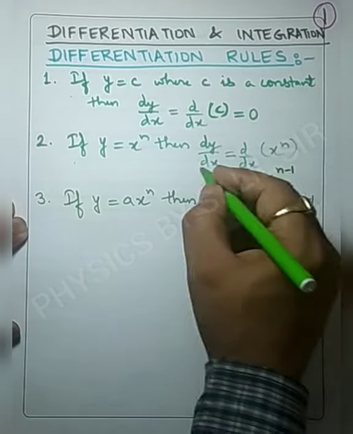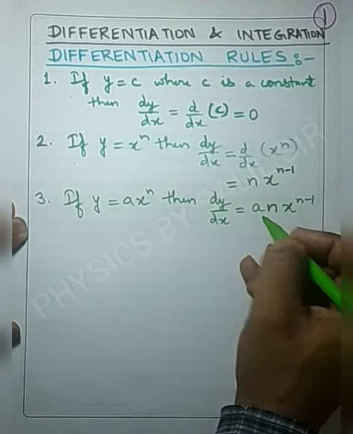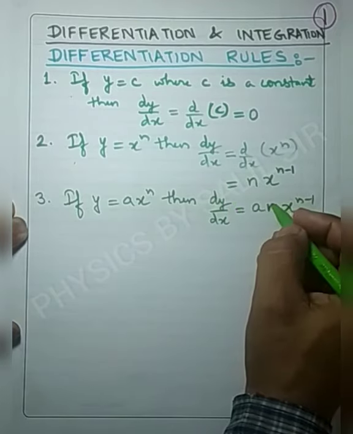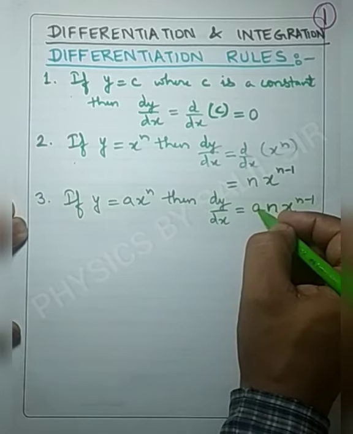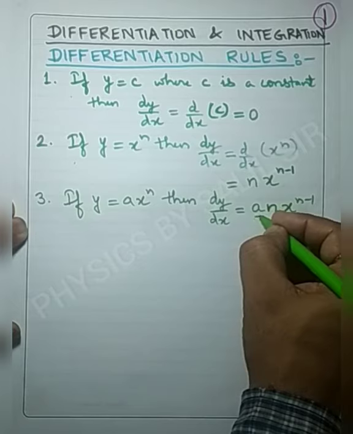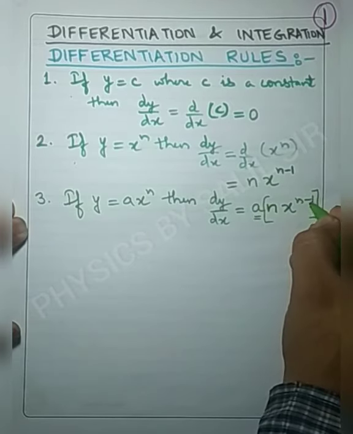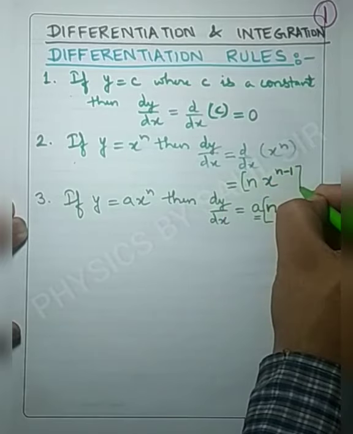The same thing we did in rule number 2. The only difference is that a stays at its same position, and n x to power n minus 1 is similar to rule number 2.